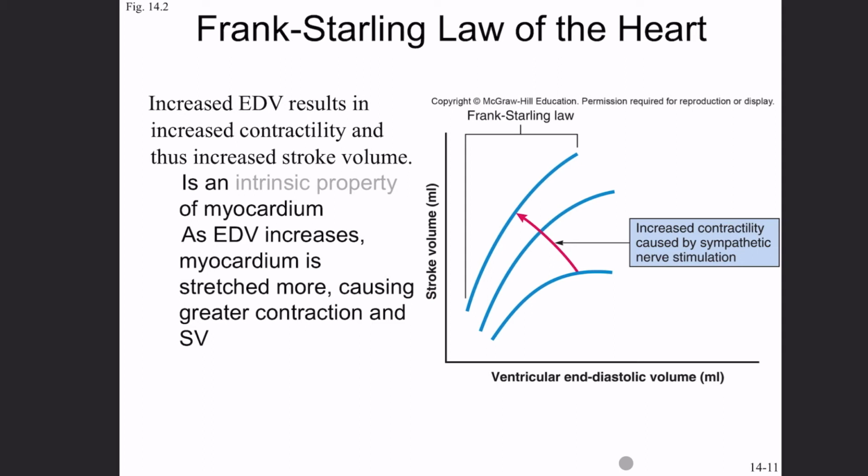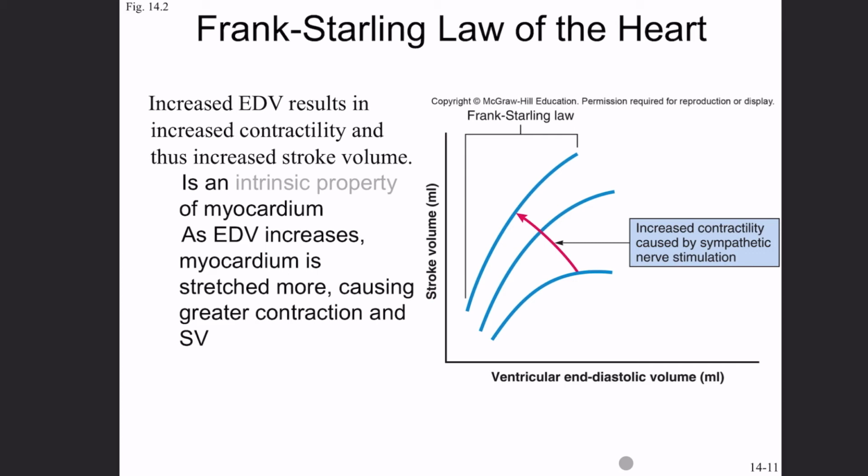Okay, so there were two researchers back in the day named Otto Frank and Ernest Starling, and they researched the heart, particularly the heart muscle, myocardium. And what they saw is that when there was an increase in end diastolic volume, it increased the contractility, and thus increased the stroke volume.